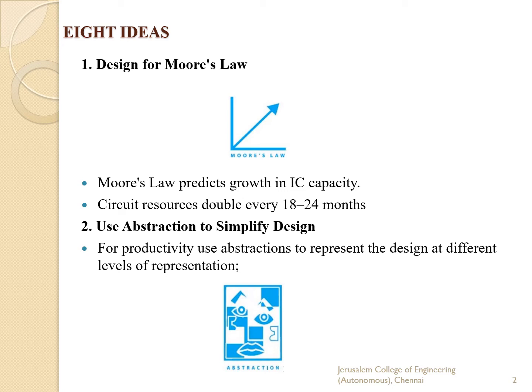This productivity will come with the use of abstractions so that they can represent the design at different levels. When they start representing their design from the lower level and slowly develop it to a higher level, a model is easily developed. So use of abstraction to simplify the design is the next idea with which computer architects start design.